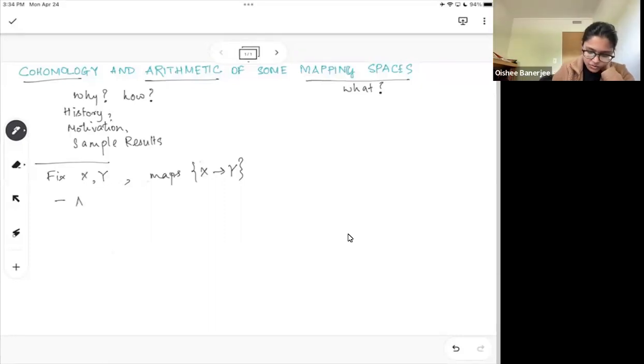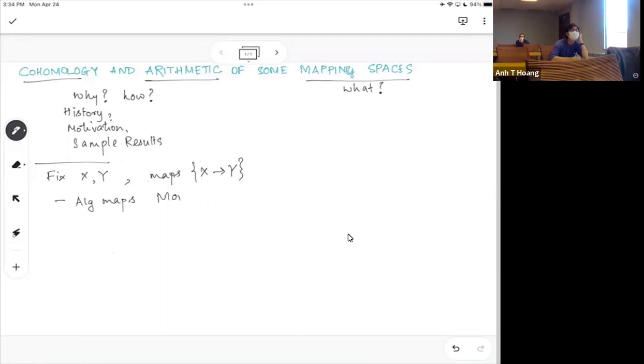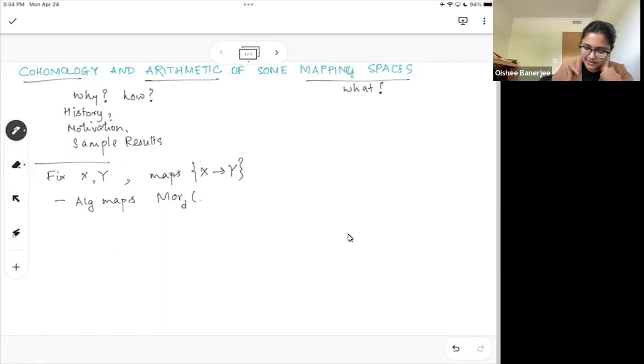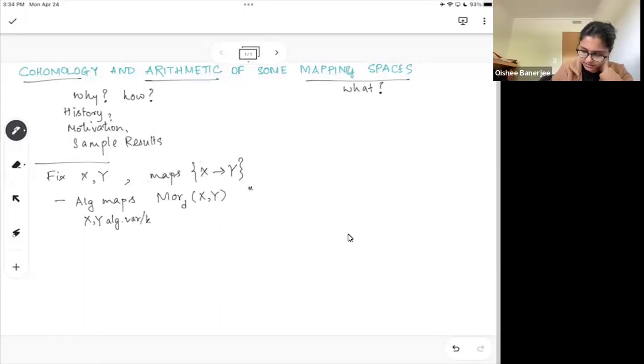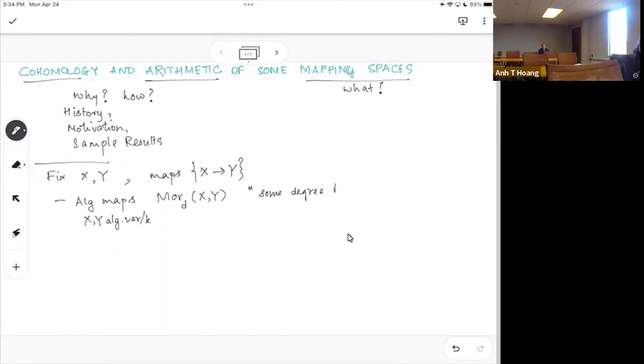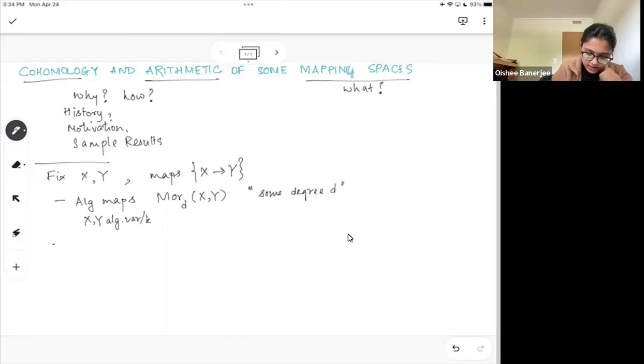The ones we will consider are the algebraic maps. Typically, they will be denoted by Mor_D(X,Y), where Mor stands for morphisms, and D is some suitable notion of degree, which will become apparent as we go on.